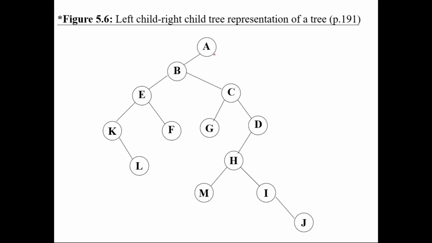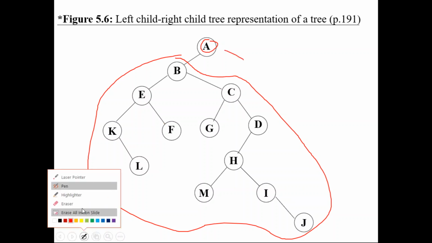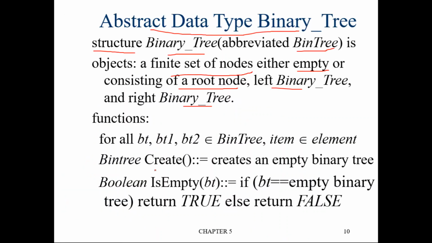This is the root node of this tree. This entire thing is also a tree. This is the left subtree of A. There is no right subtree of A. So there can be a root node, a left binary tree and a right binary tree. The left subtree is also a binary tree, right?